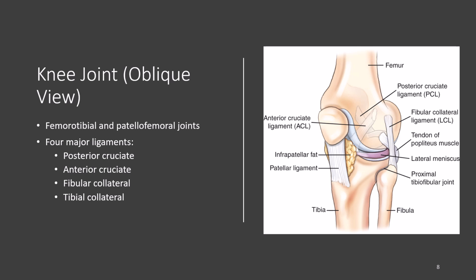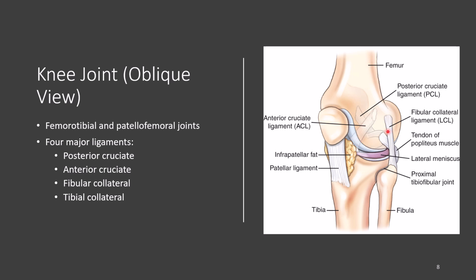When we look at the knee joint in the oblique views, this oblique view is figure 6.24. Okay, we do both obliques on a knee. We do both a medial and a lateral rotation oblique. You can see on here the ACL, the anterior cruciate ligament.